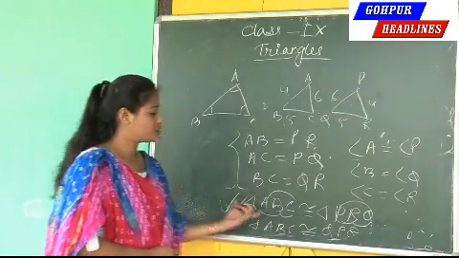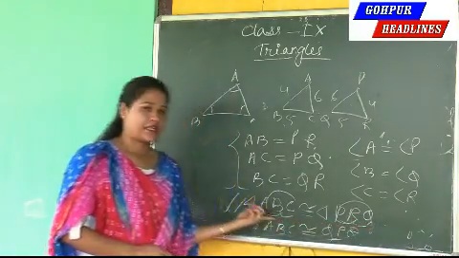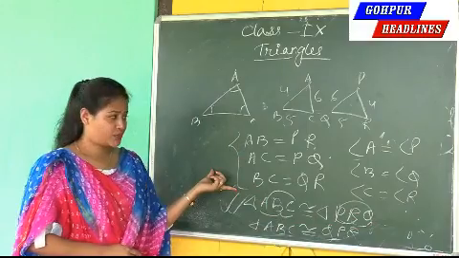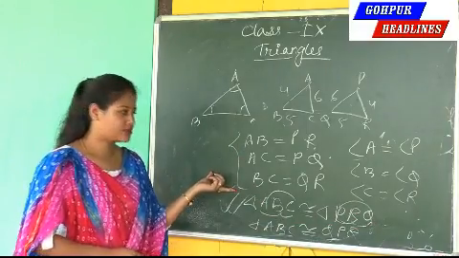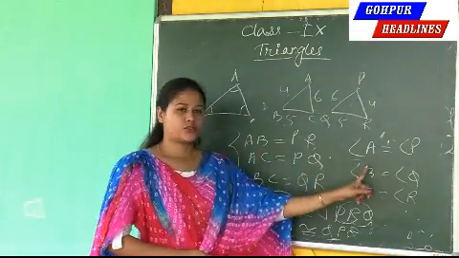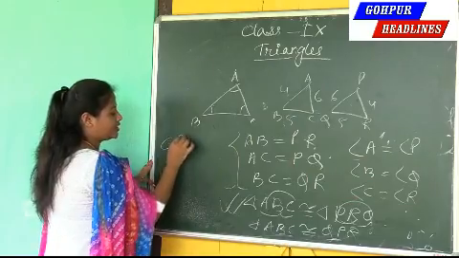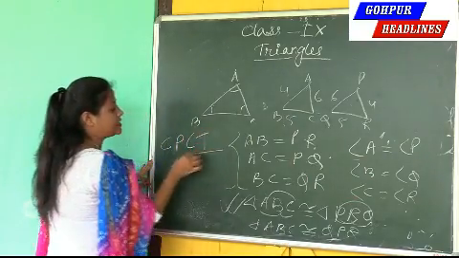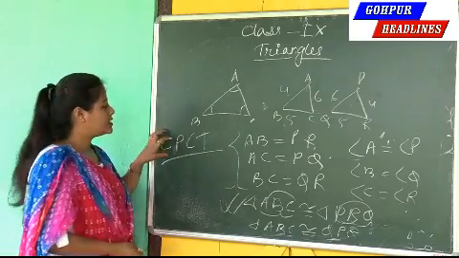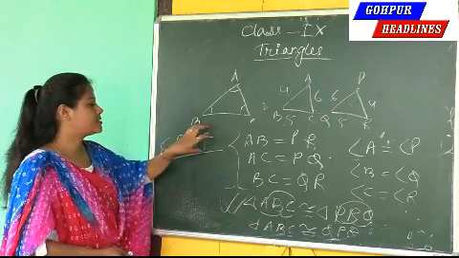In case of congruency we write like this, and this is known as corresponding parts of congruent triangles. This is very important. That is denoted by CPCT, corresponding parts of congruent triangles.